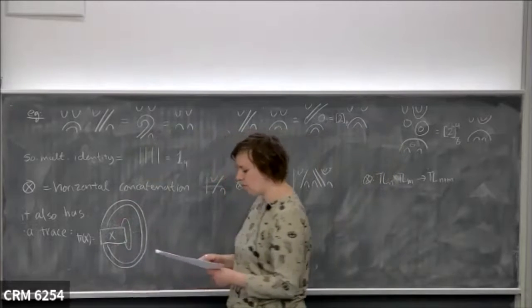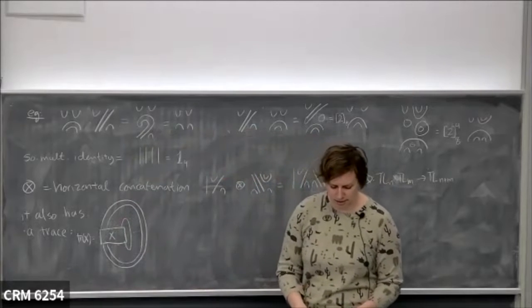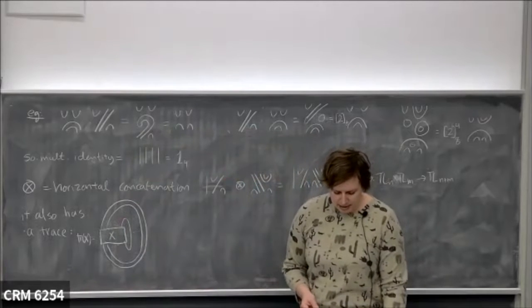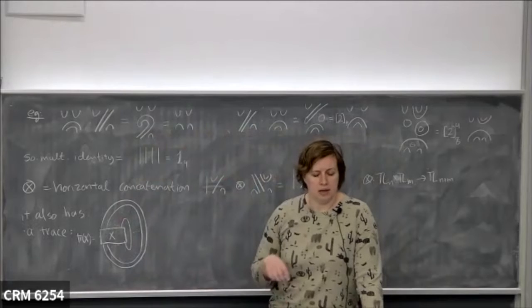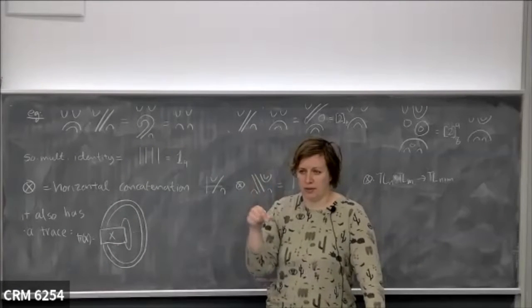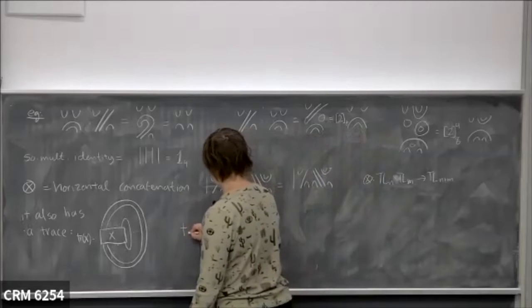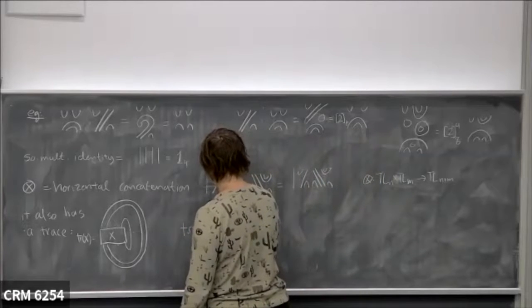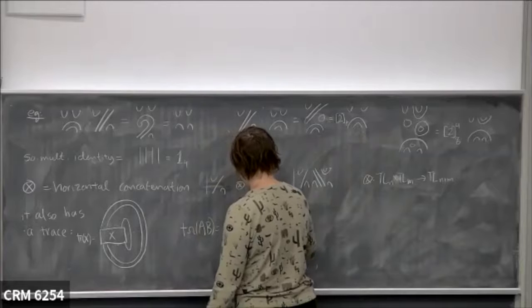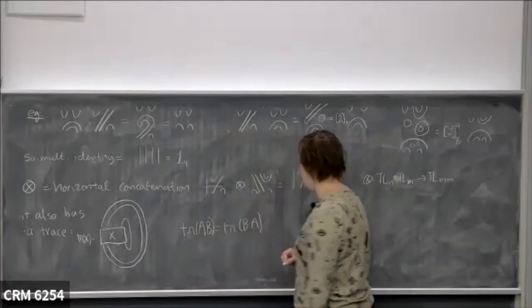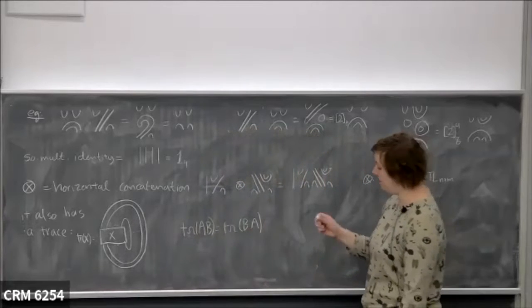Now, one thing we expect traces to have is the property that you can cyclically permute the inputs and you still get the same answer. So we'd like trace AB to be the same as the trace of BA.